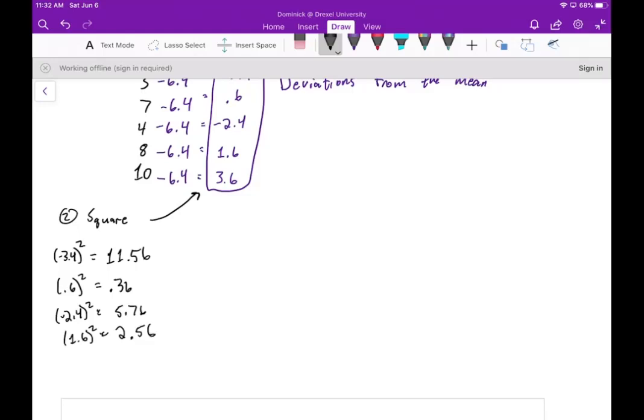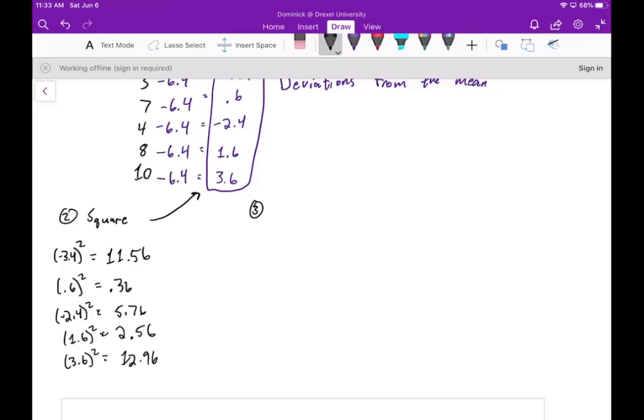And if I square 3.6, I'm going to get 12.96. Okay, so those are now my squared deviations.